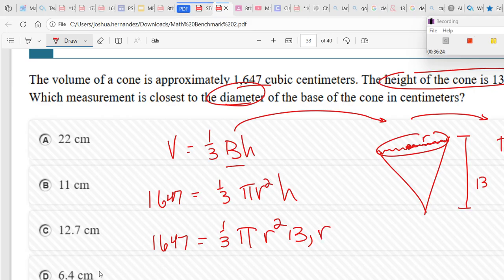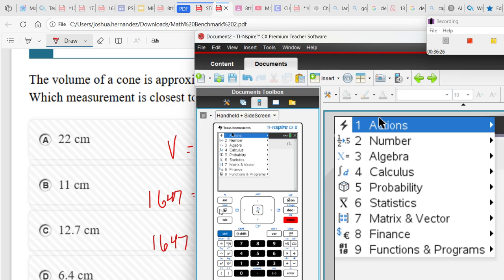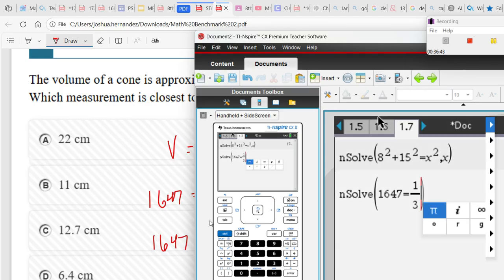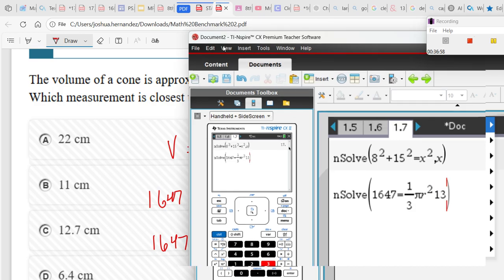So these numbers are not the best, but we can do it manually. 1,647 is equal to the fraction 1/3, and then pi r squared times the height of 13, I believe, right?